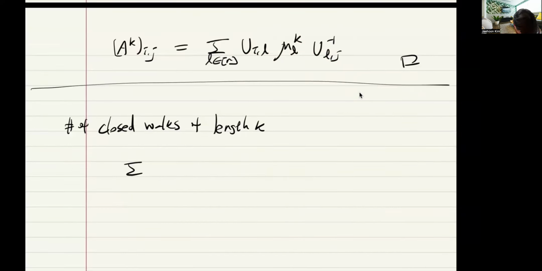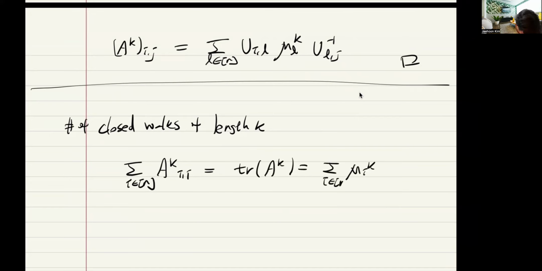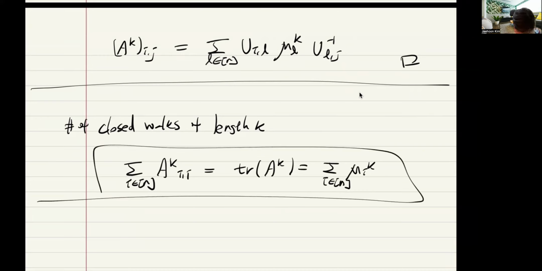Then we can check that this is the number of walks of length k, and you can confirm that this is actually the trace, the same as the trace, and that's the summation of the k-th powers of the eigenvalues.